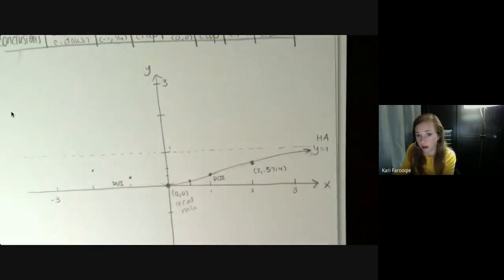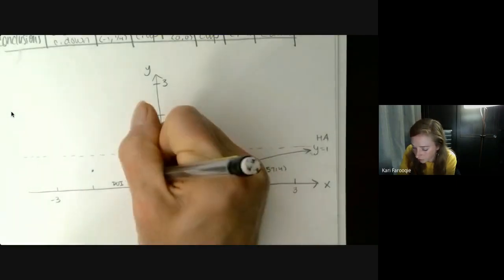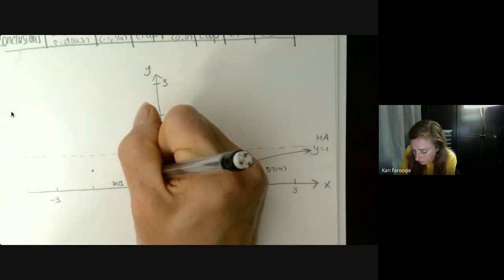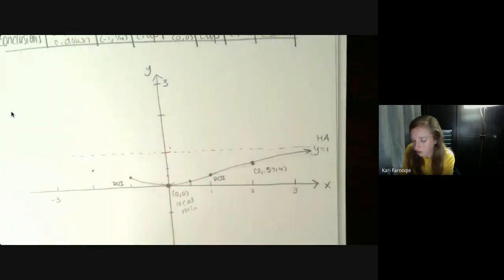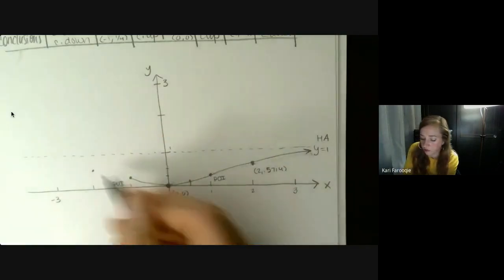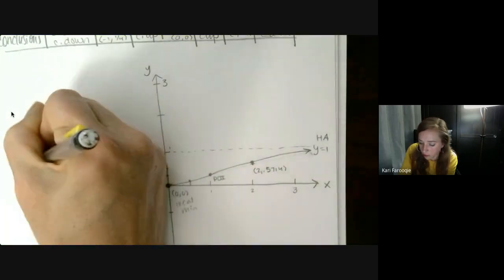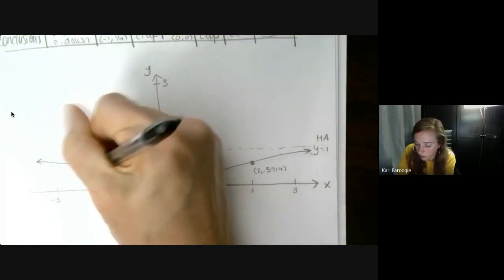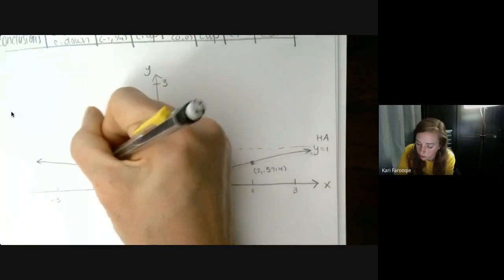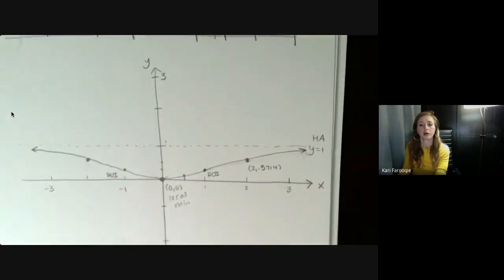So we are concave up from -1 to 0. So you have this cupish behavior, kind of like that. And then concave down from -1 all the way out to the rest of your graph, kind of like that.